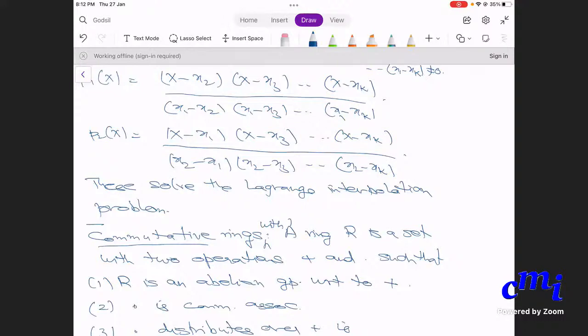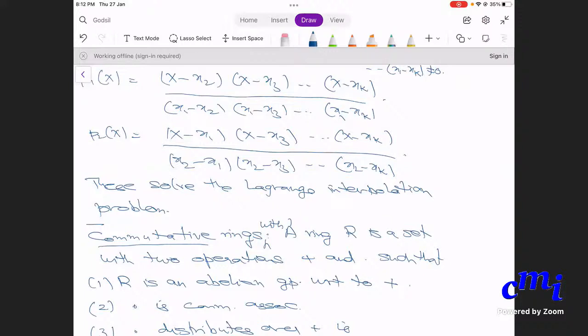Any other questions? Sir, one more question: what is the guarantee for the polynomial to be of the least degree? Okay, that's a good question. If we do it carefully, we will see that the polynomial which I have constructed is the unique one of degree less than or equal to k minus 1 which works.